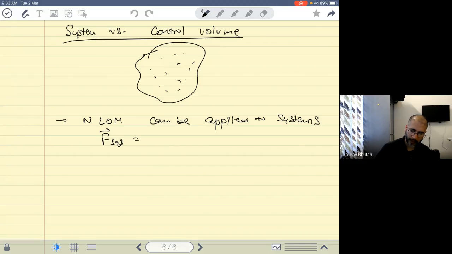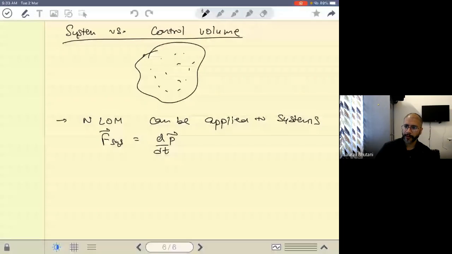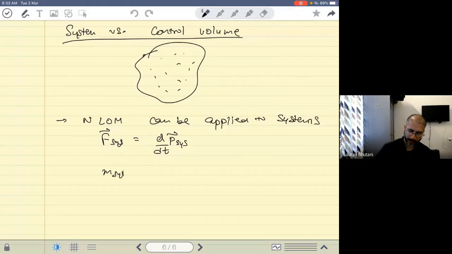So for example, force acting on the system is equal to the rate of change of the momentum of the system. So this is the kind of law that we are applying. The other law is that the mass of the system is constant. So you take these n molecules of fluid and you track them in time, you will see that the mass of those n molecules together will not change.